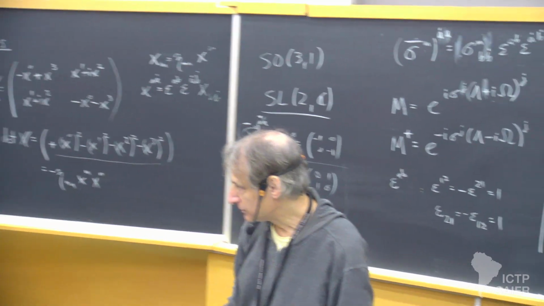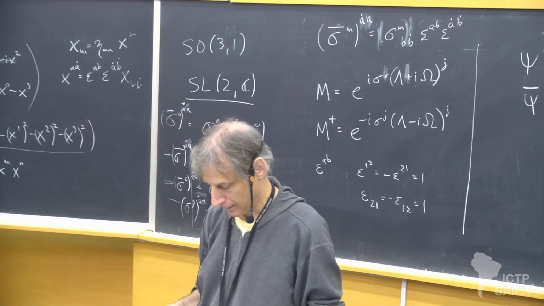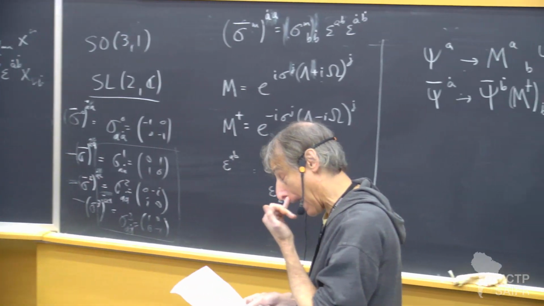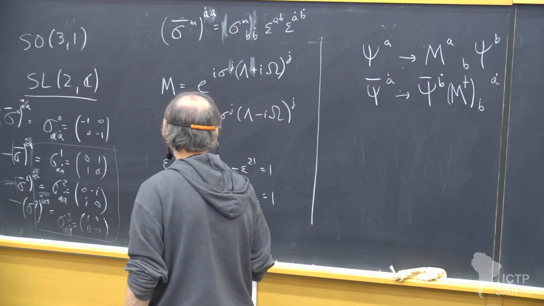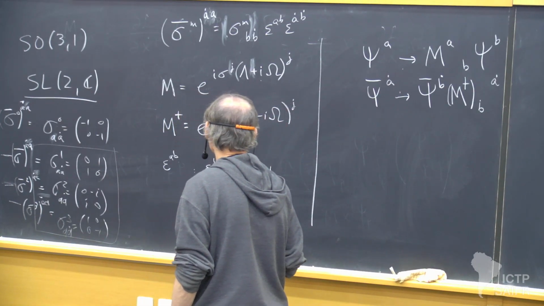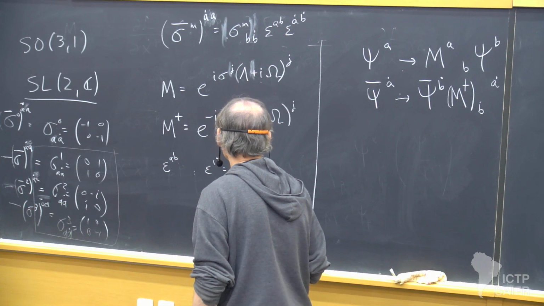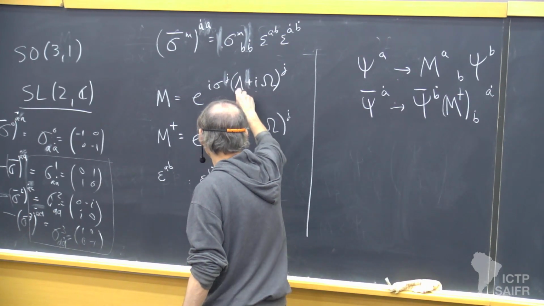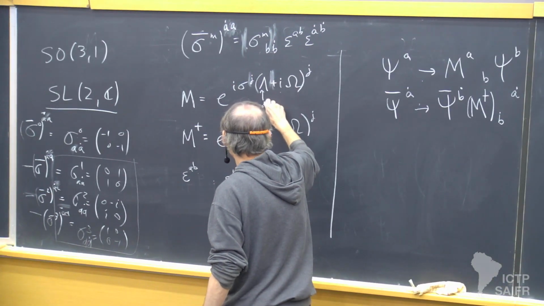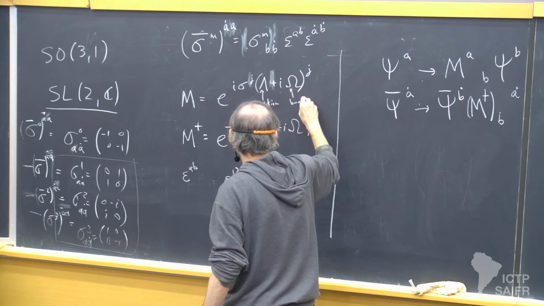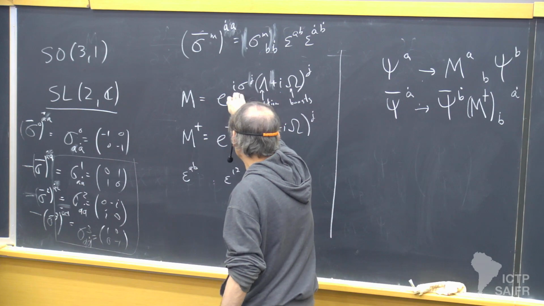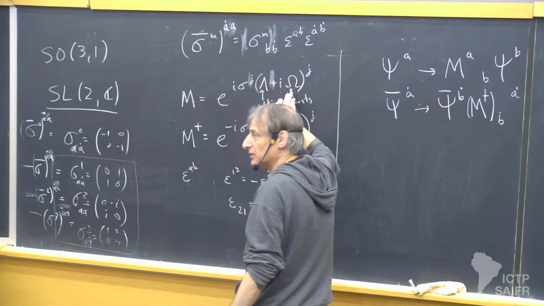You said that the boosts gamma and omega are related to boosts and to rotations. Which one is related to the boost? Which one is related to rotation? So these are the rotations, and these are the boosts. The rotations always have an I in front, whereas the boosts would not have an I in front.